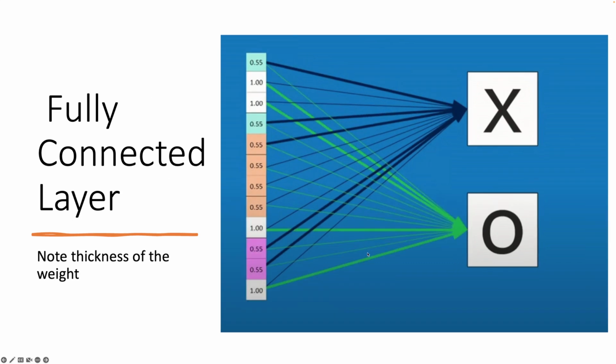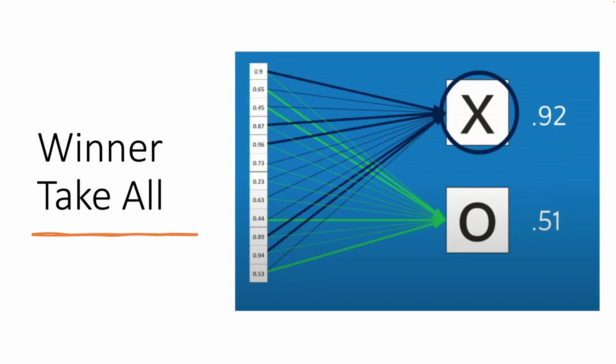But in any case, we will go ahead and connect it to a fully connected layer and do more challenging problems. Of course, this is going to be a winner take all. That's pretty easy to do in Python. We'll see that we can just use an argmax and pick whatever one is the highest.